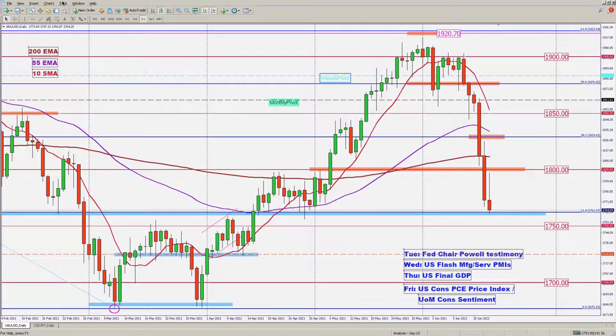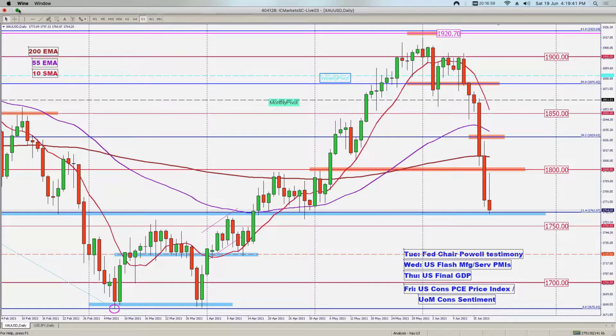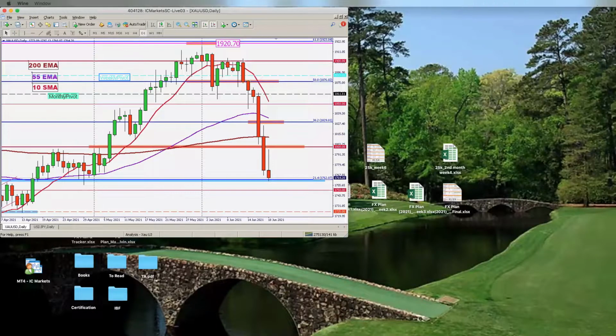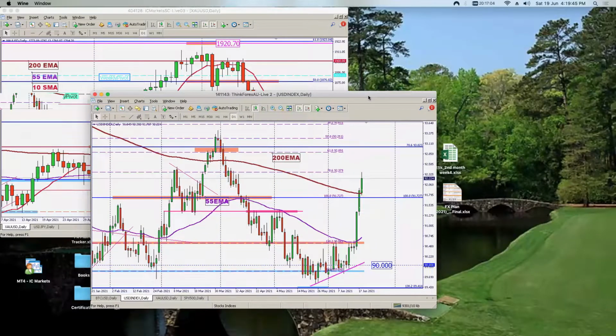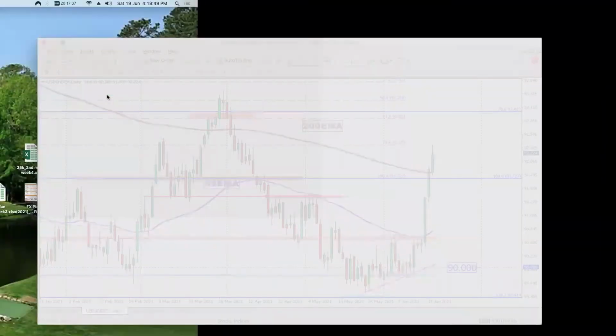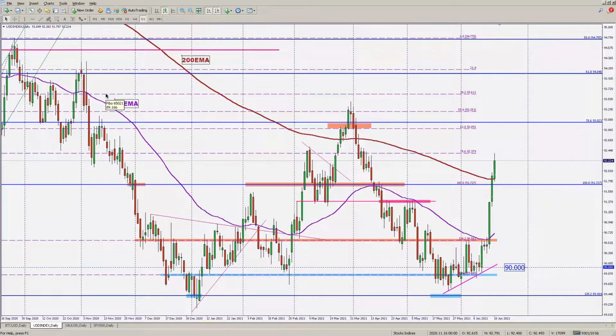Let's also take a look at the US dollar index, the DXY, and see the impact of the Federal Reserve statement. Basically, the Fed announced two major changes where they see potential rate increases, two rate increases in 2023, where previously they did not specify any.